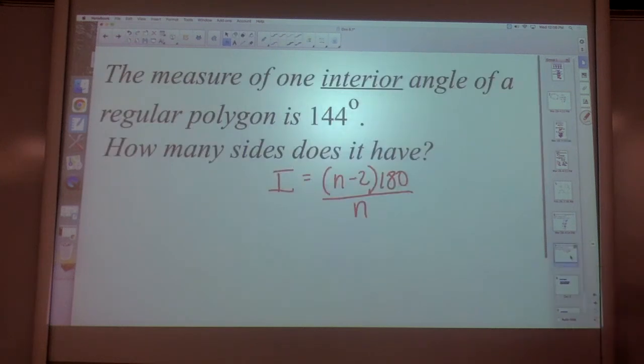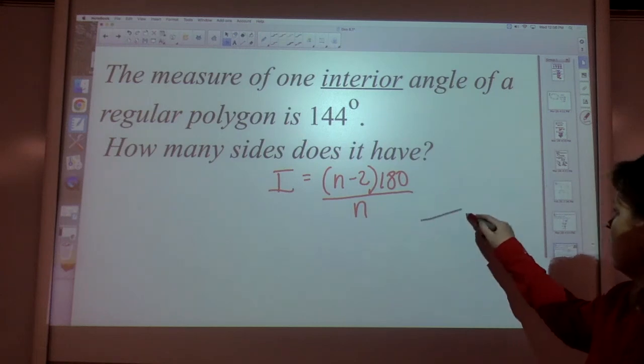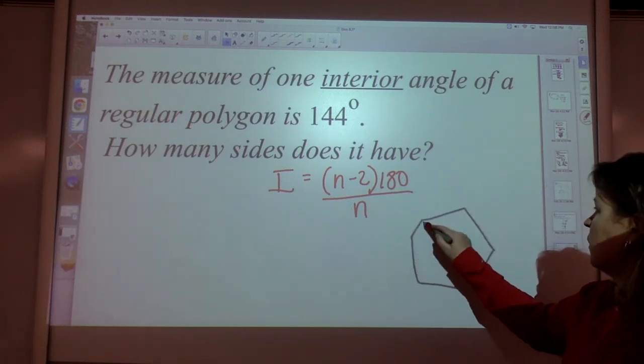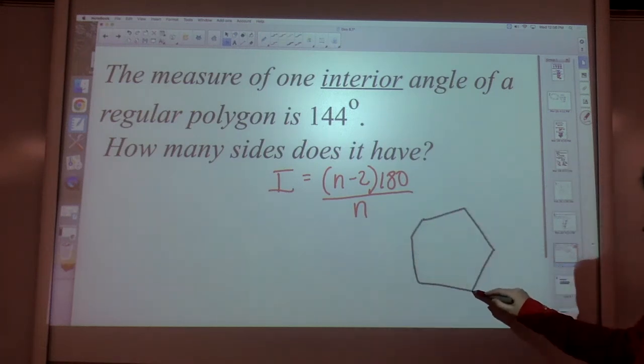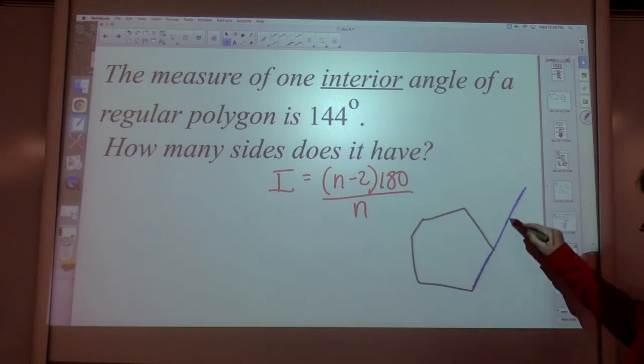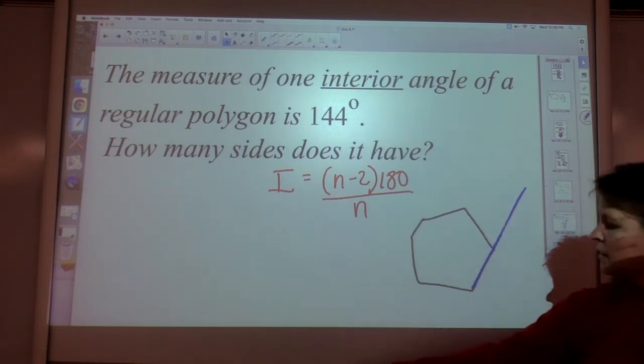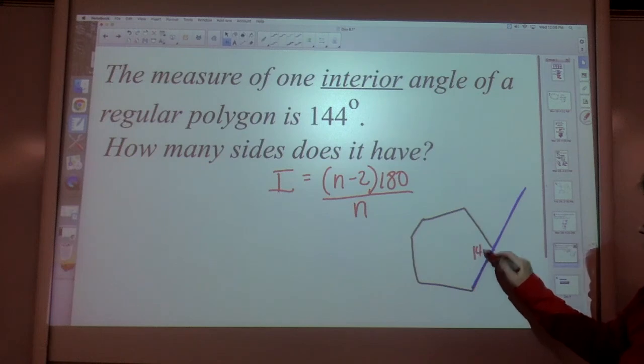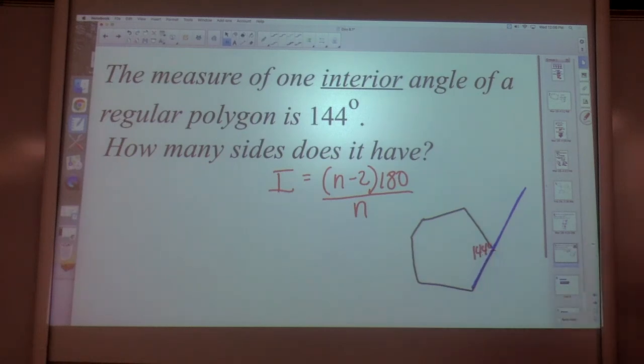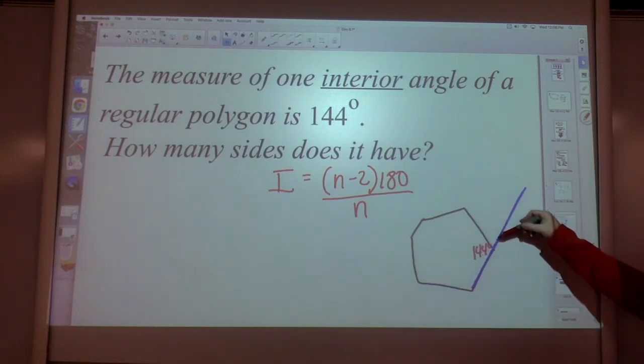But there actually is, I told you there was going to be a shortcut to this. Think about what an exterior angle is compared to an interior angle. If you have an exterior angle, and you know that the interior angle is 144 degrees, wouldn't it be much, much faster to work with the exterior angle?